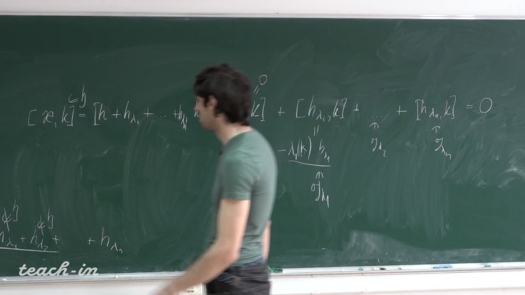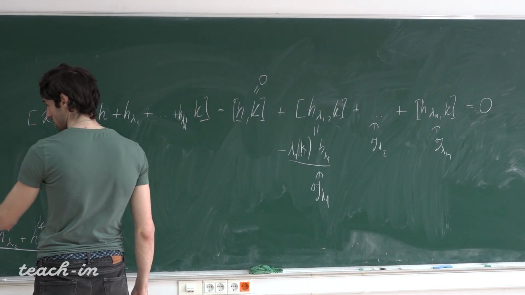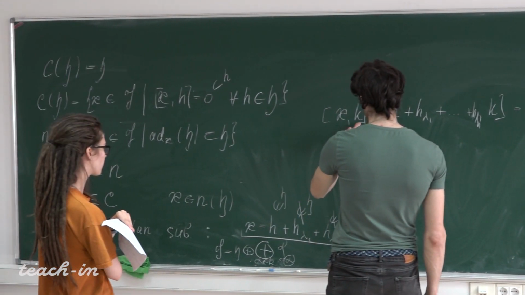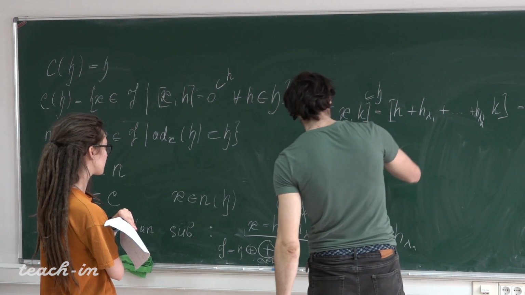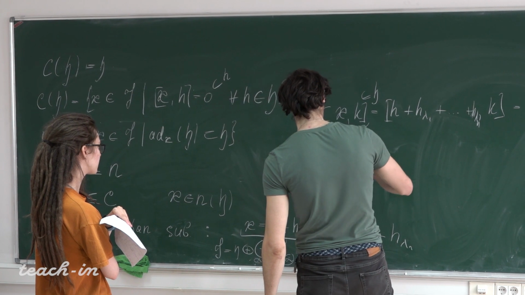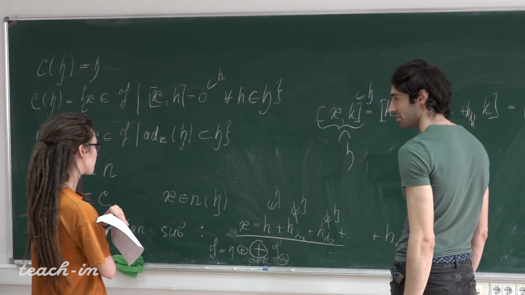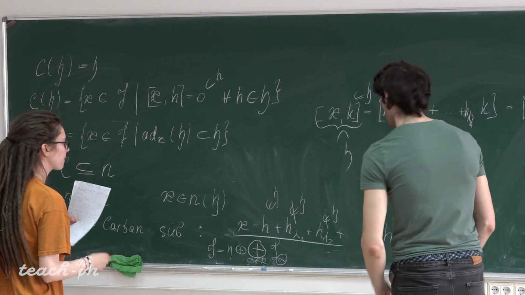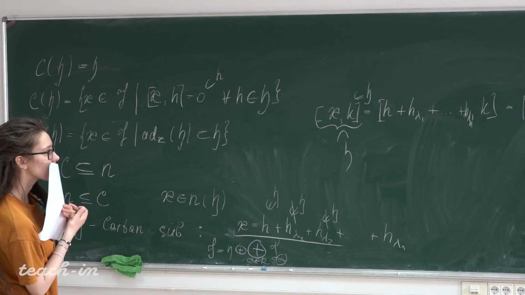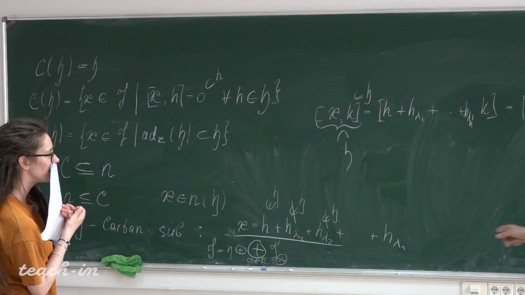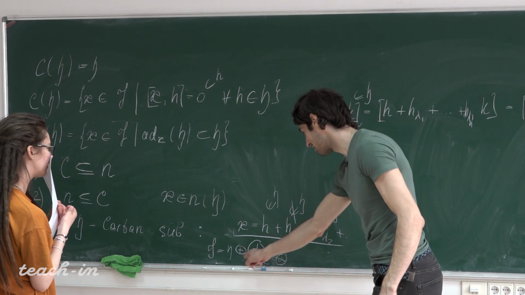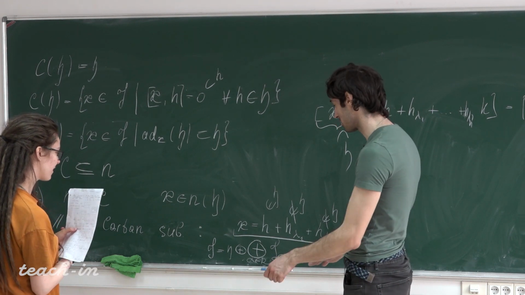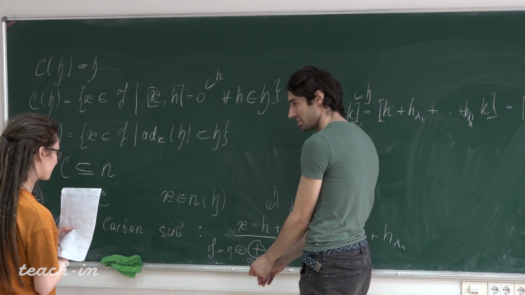Since x is in the normalizer, the whole thing is still in H. What's written on the left is in H, and what's written on the right is in this direct sum, and they do not intersect.